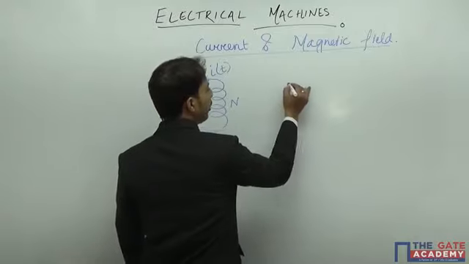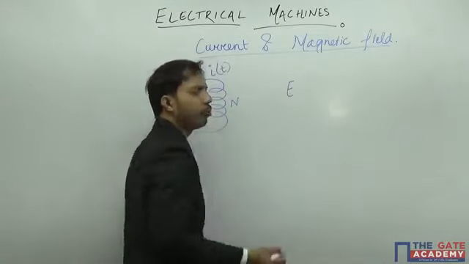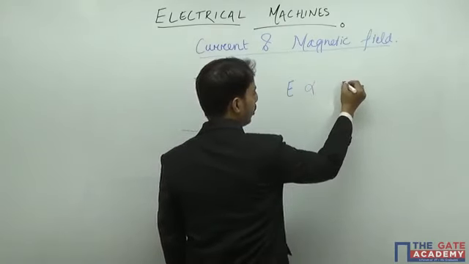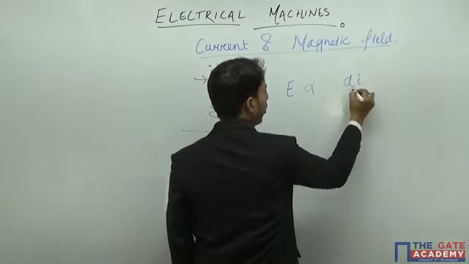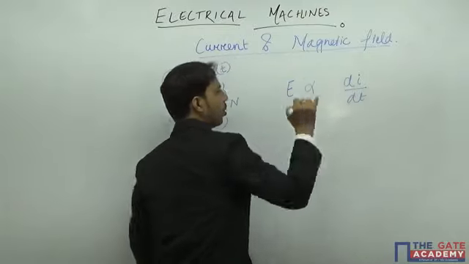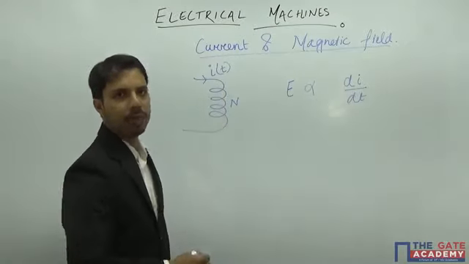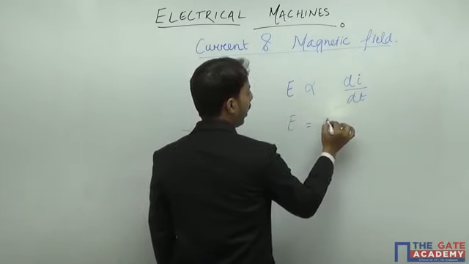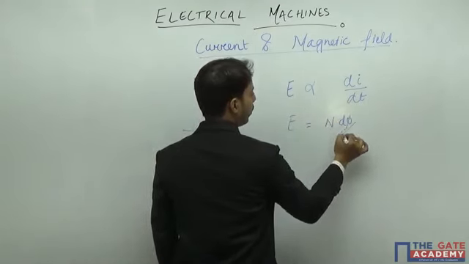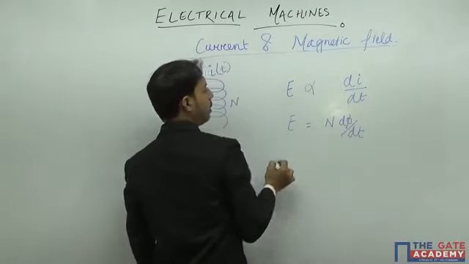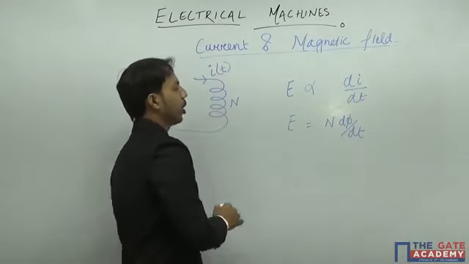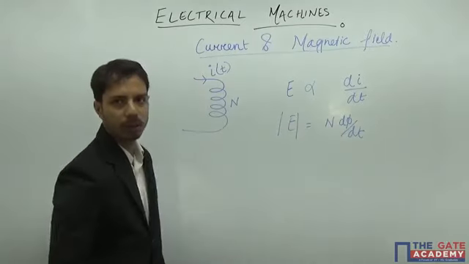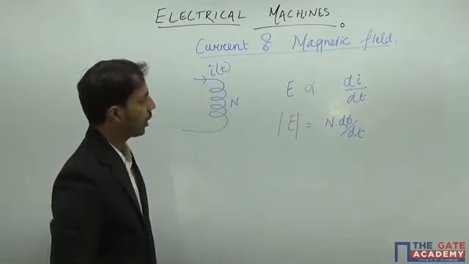It is said that the EMF which is induced is proportional to the rate of change of current also. This is the same EMF, where EMF is equal to N d phi by dt. Here I am just taking the magnitude, so the negative sign I have not considered.